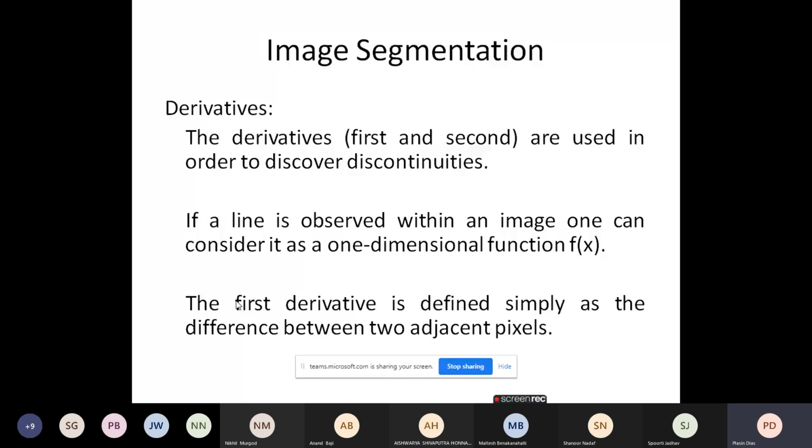If I want dou square f divided by dou x square, you have to go for the operation f double dash of x, isn't it? In that case things change. But when we consider the first derivative, we are talking about a difference between two adjacent pixels.